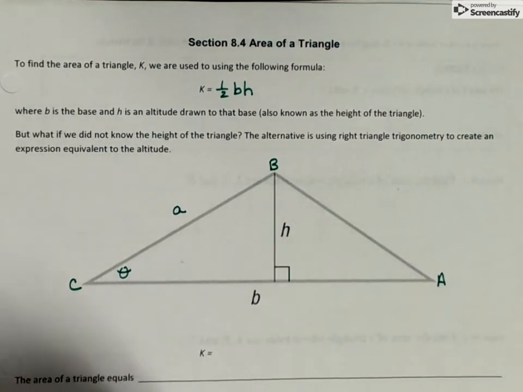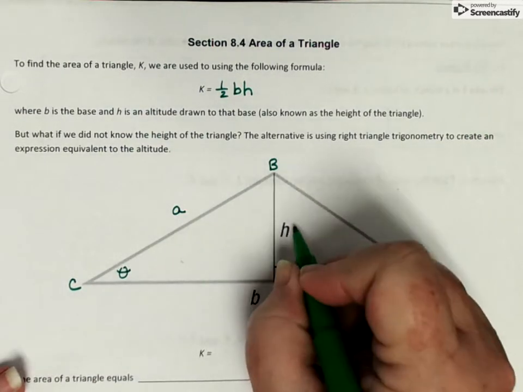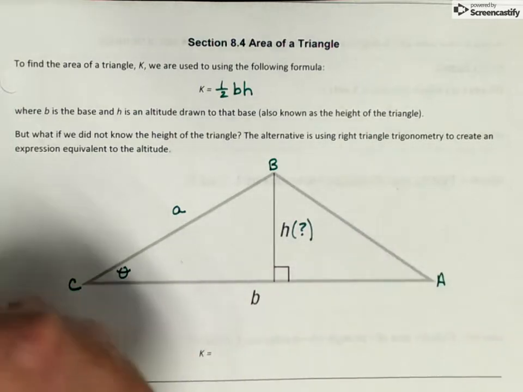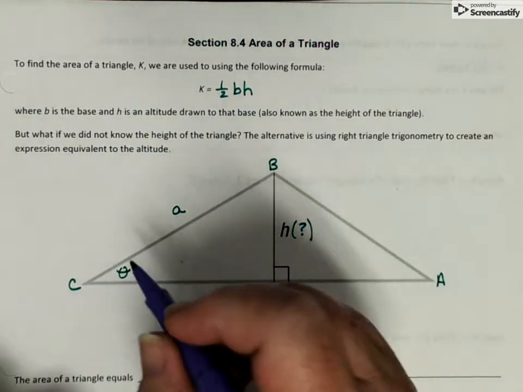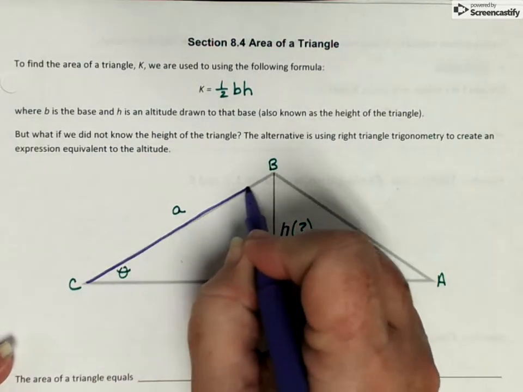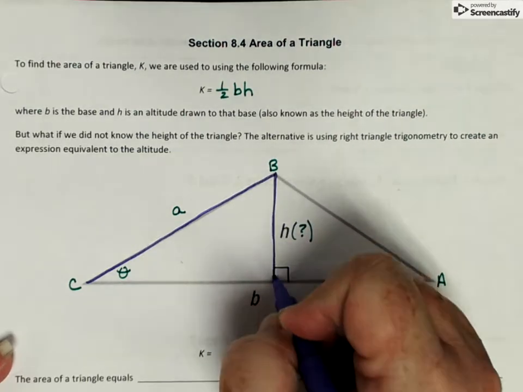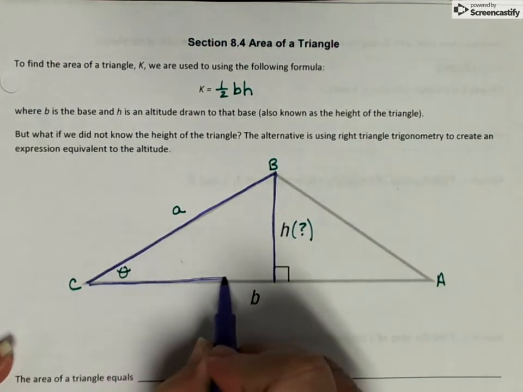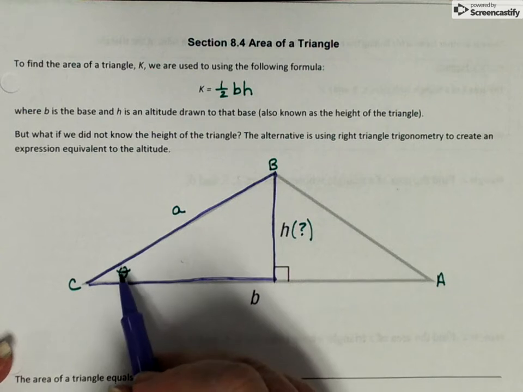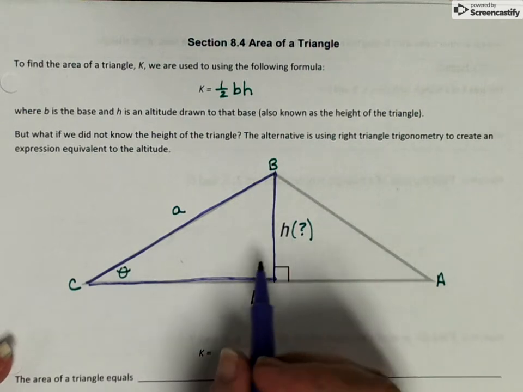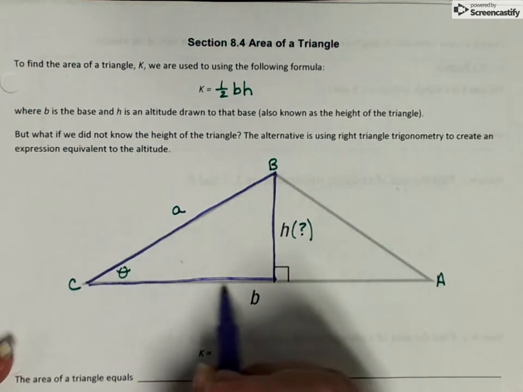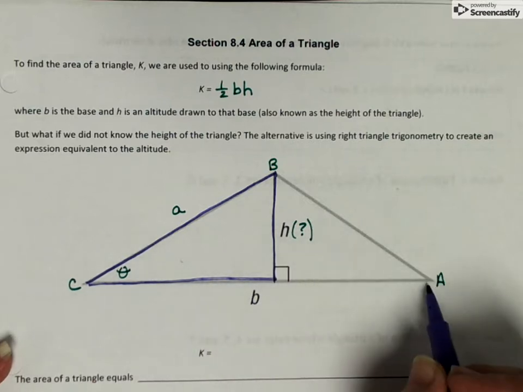So I want you to take a look. We're trying to find this height. I want you to take a look at this triangle right here that is made up of side A and angle C and the height. Notice that side B is not this side right here. Side B is the whole length.